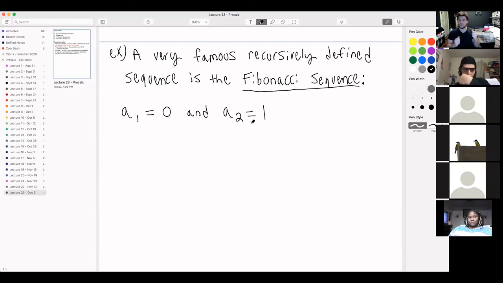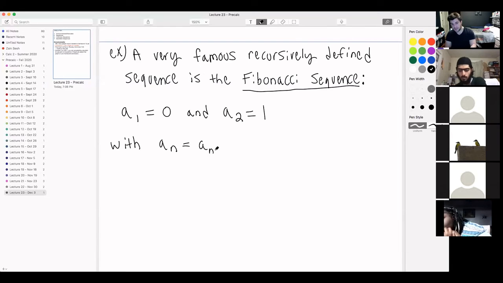Now I give you the formula to generate the rest: A sub n is the sum of the previous two terms, so A sub n minus 1 plus A sub n minus 2. You just take the sum of the two previous terms, and that's your nth term.